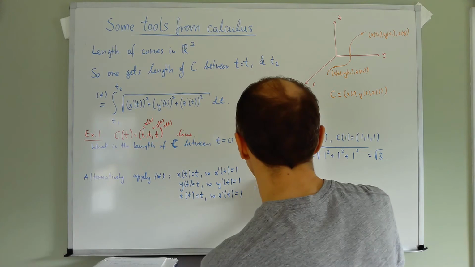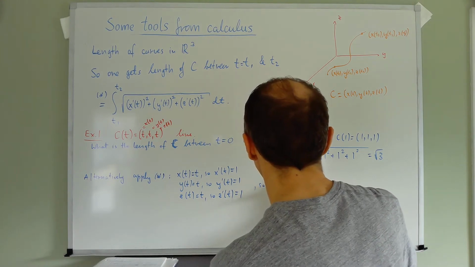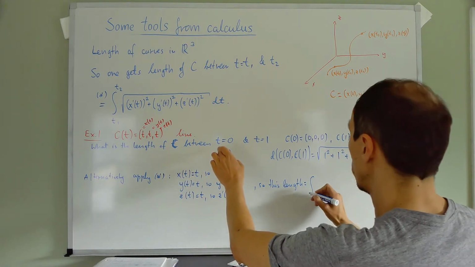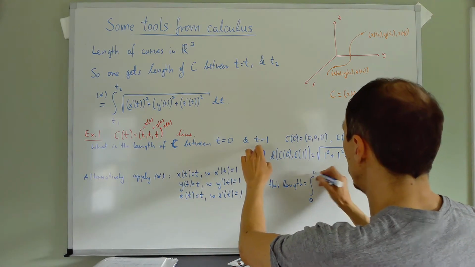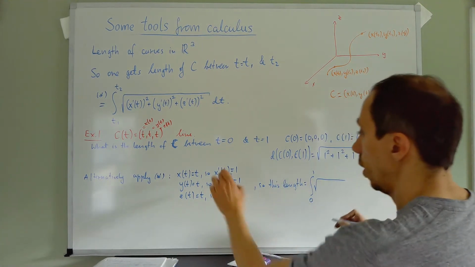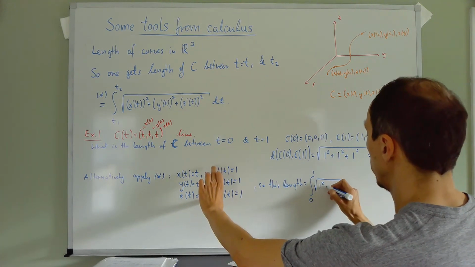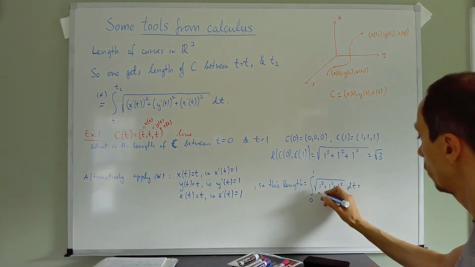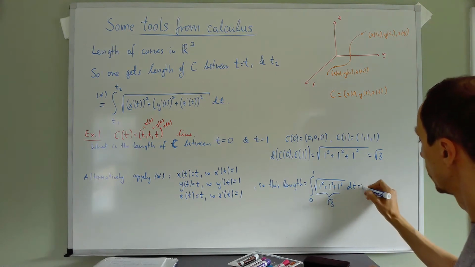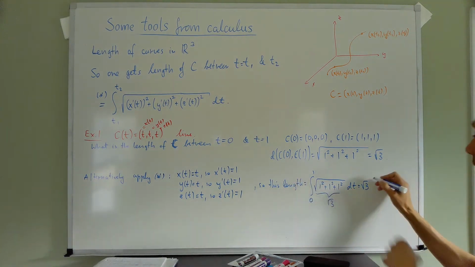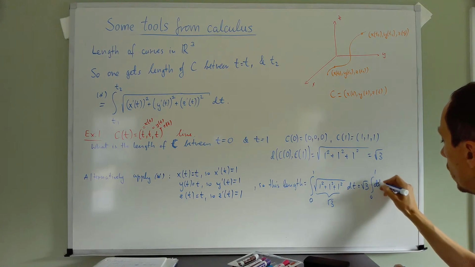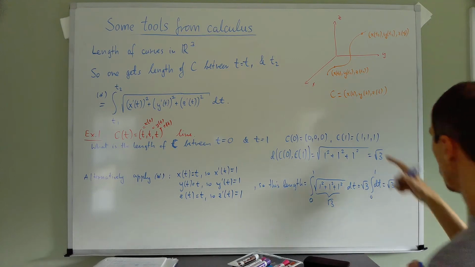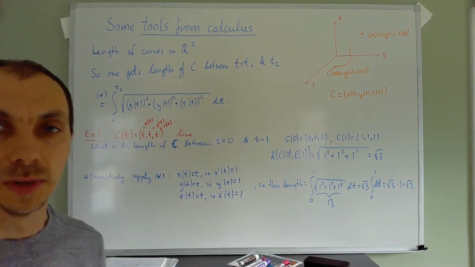So this length equals the integral from 0 to 1, since t1 is 0 and t2 is 1, of the square root of the squares of all these derivatives, so 1 squared plus 1 squared plus 1 squared, dt. Well, that's just the square root of 3, a constant I can take out of the integral, and this integral is just equal to 1. So, of course, I have to get the same answer.